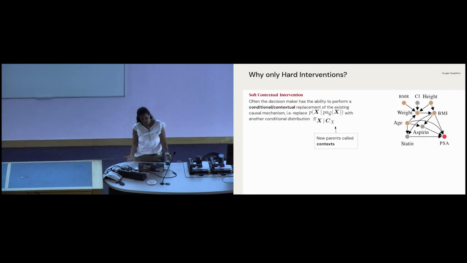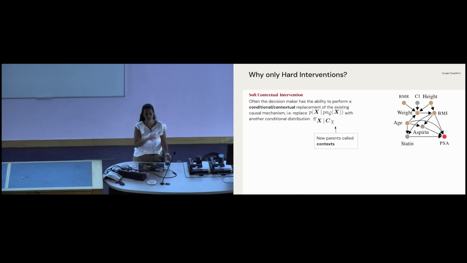So in general, what you would want to do is find the intervention for statin and aspirin or calorie intake that accounts for some other variables in the graph. So instead of using P of x given the parents of x, which is the distribution in this causal Bayesian network, you want to use an alternative distribution, which we call pi of x given cx.